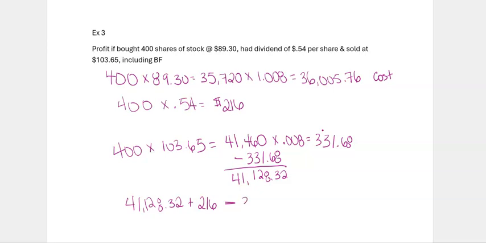So I have to subtract the $36,005.76 it cost me. And when I add and subtract all of that money, I ended up making $5,338.56. So that was my profit right there.